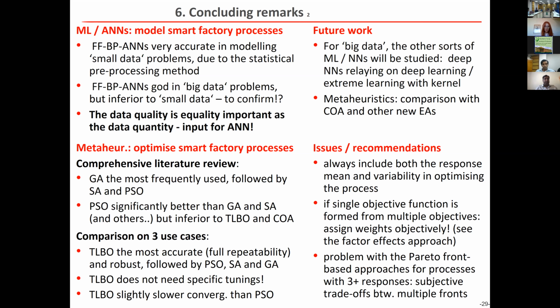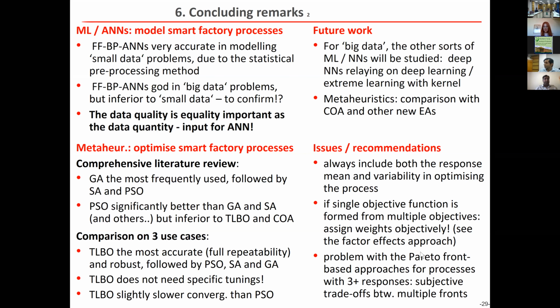Always treat both the response or output average, mean value, and variability. If you want to form a single objective function from multiple objectives, then it has to be done in a totally objective manner, not using some subjectively assigned weights, saying, okay, this response might be more important than the other one, etc. And there are ways how to do that totally objectively.